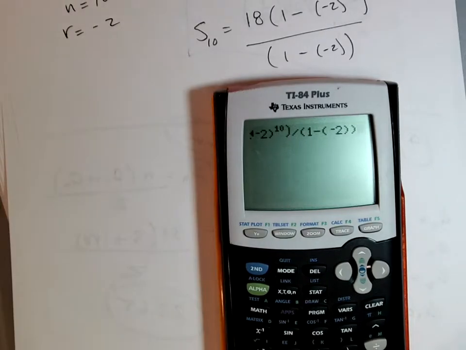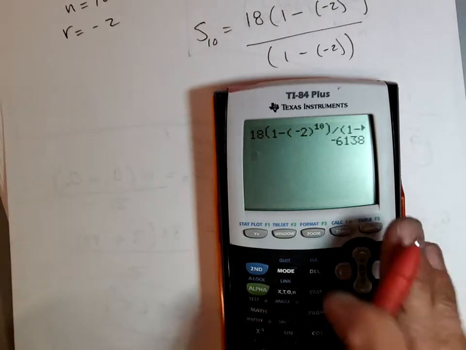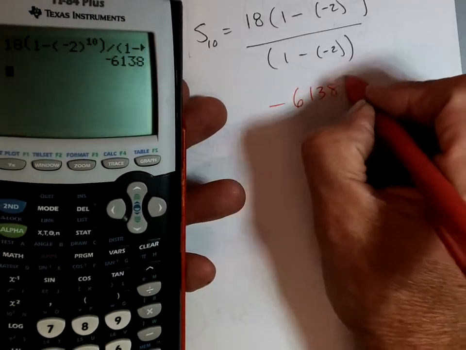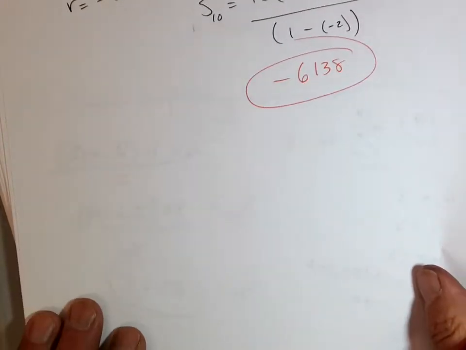It's a booger to put in, but I get an answer of negative 6,138. Now, if you have a difficult time putting it in the calculator, just do it step by step and write it down as you go. Does that make sense? So I got an answer of negative 6,138. Okay, how am I doing? So great.